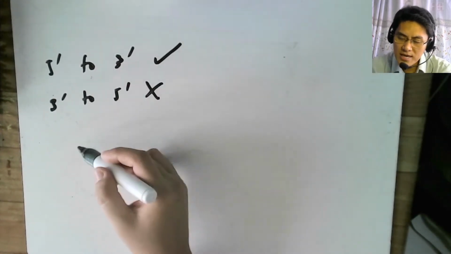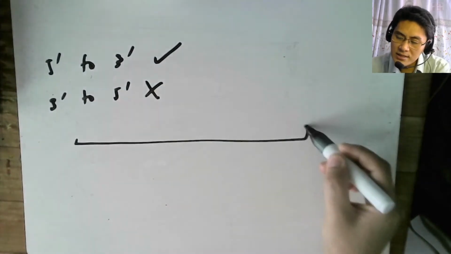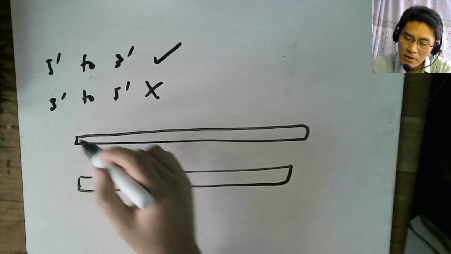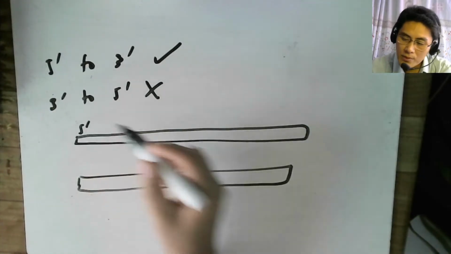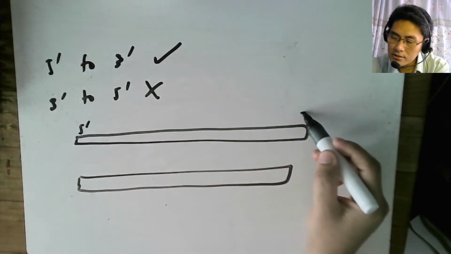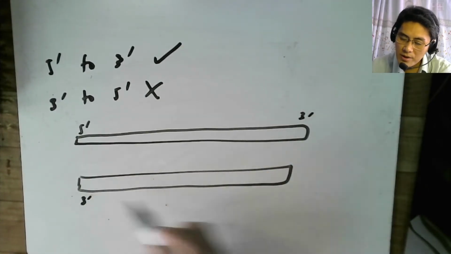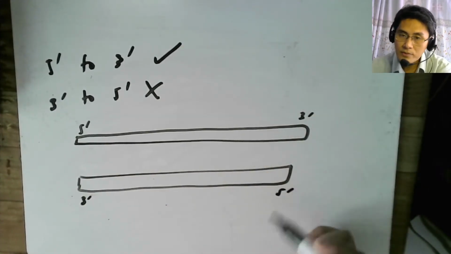Okay? Which means that if this is the DNA, when you split open the DNA, remember, one end is 5', the other end is 3'. So if that is 5' to 3', then this must be 3' to 5'.